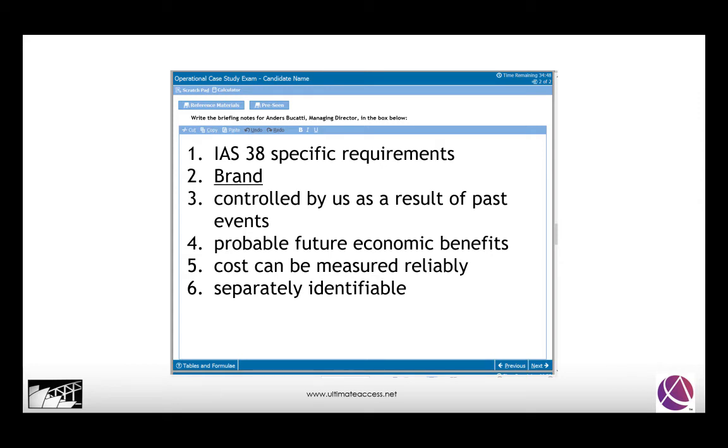Now, I know and you know that as soon as you've come across one of these that doesn't work, you're automatically going to tell your boss you can't capitalise that cost. But from an exam point of view, I'm telling you that your examiner is expecting you to go through all the criteria. So look at it in terms of this definition of an asset and see whether or not it will fit.